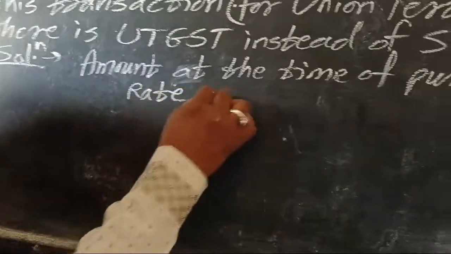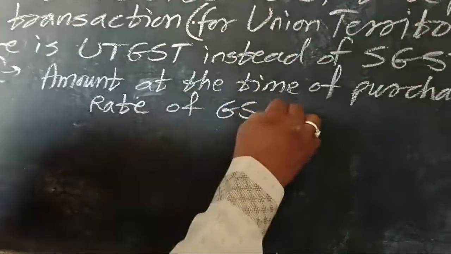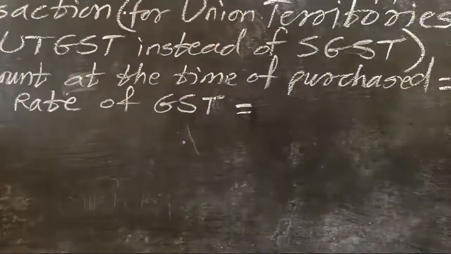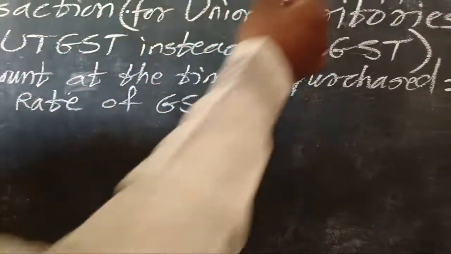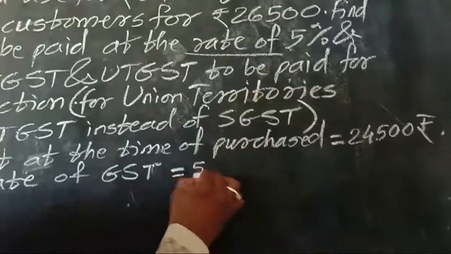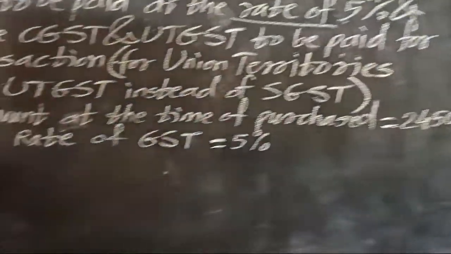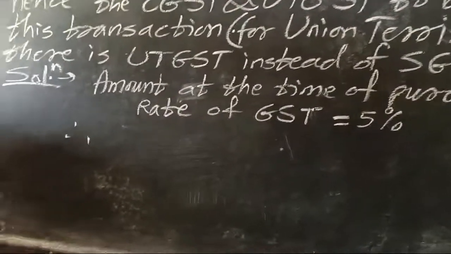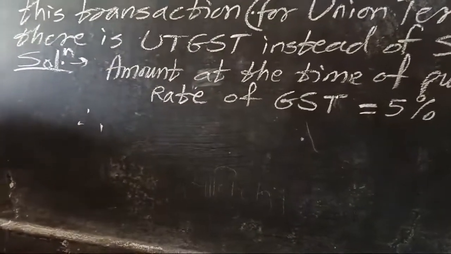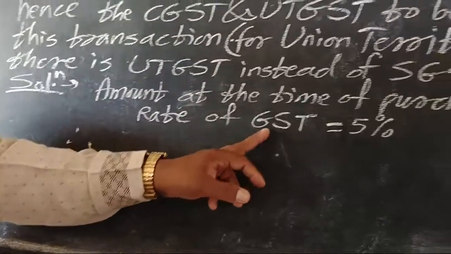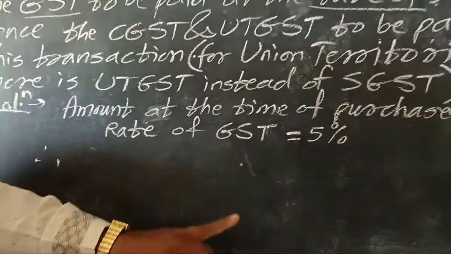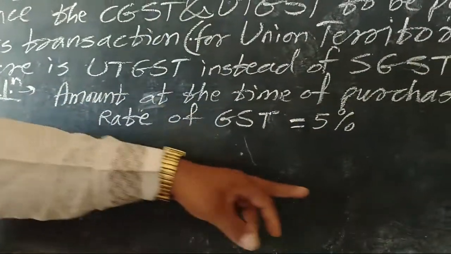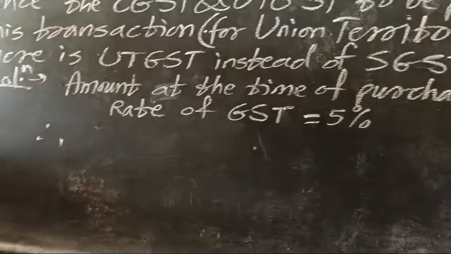We write here rate of GST is equal to 5%. Rate is given 5%, and therefore the amount at the time of sold we will have to make. After finding GST at purchase, then next we write the sold sentence.